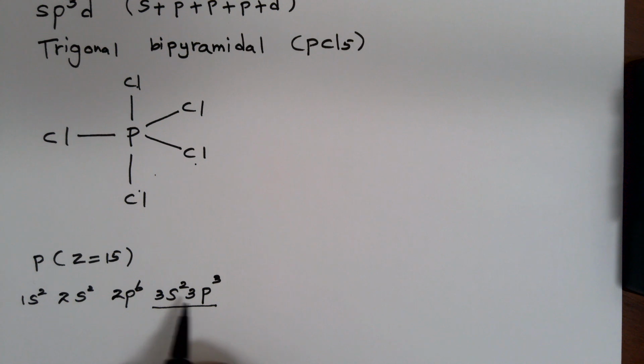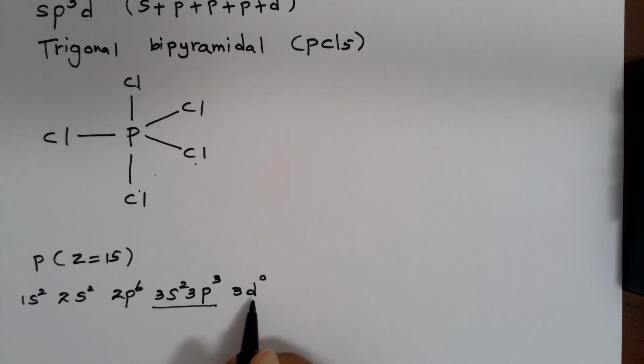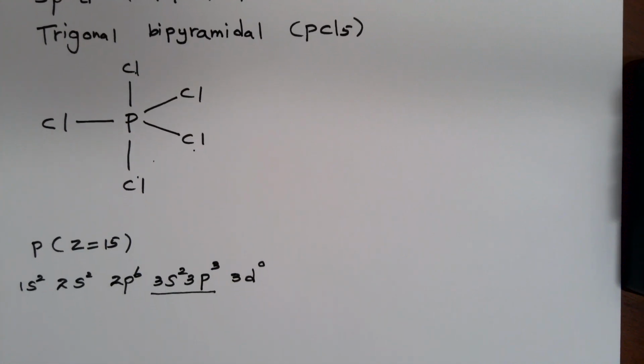But we all know that in shell number 3 and beyond, in addition to s and p, d orbitals are also available, but in phosphorus they are empty. There are 0 electrons in the d orbitals, but d orbitals are still available in the n equals 3 shell and beyond. Let's keep that in mind and move on to the orbital diagrams.